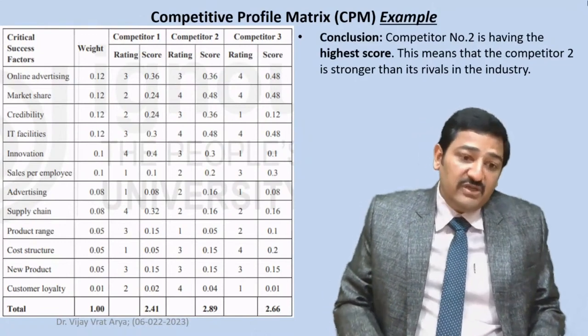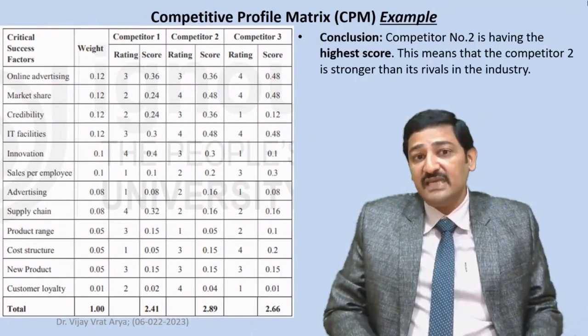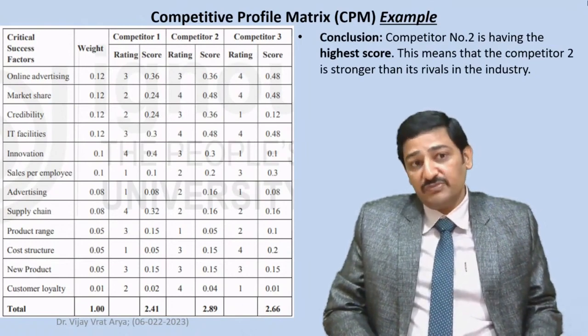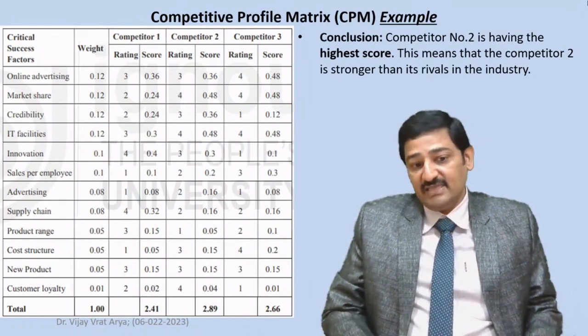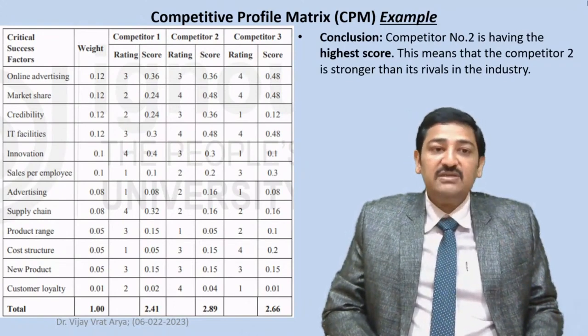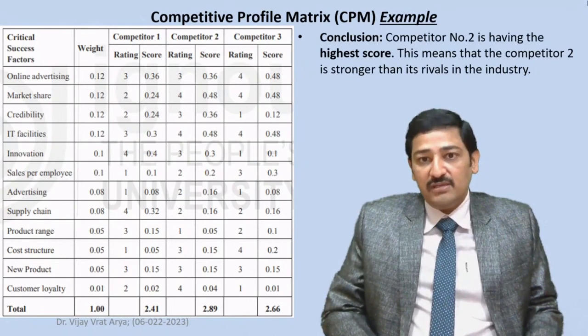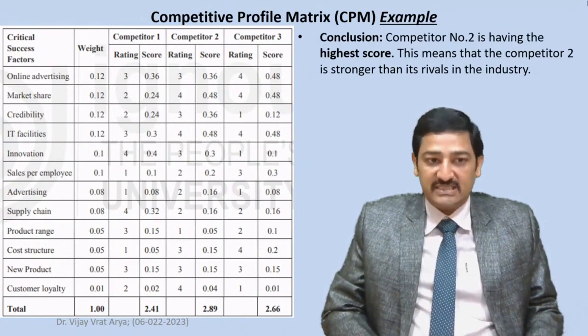Apart from that, if we also refer to the weak position in this case, then we can conceptualize based on the score obtained by competitor 1, which is the least. As said earlier, it is somewhere around 2.41, which means competitor 1 in the overall competitive profile matrix is scoring least.